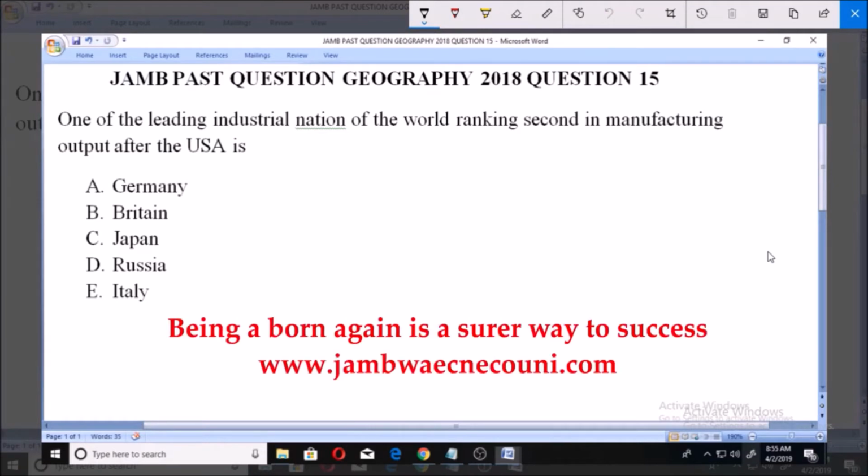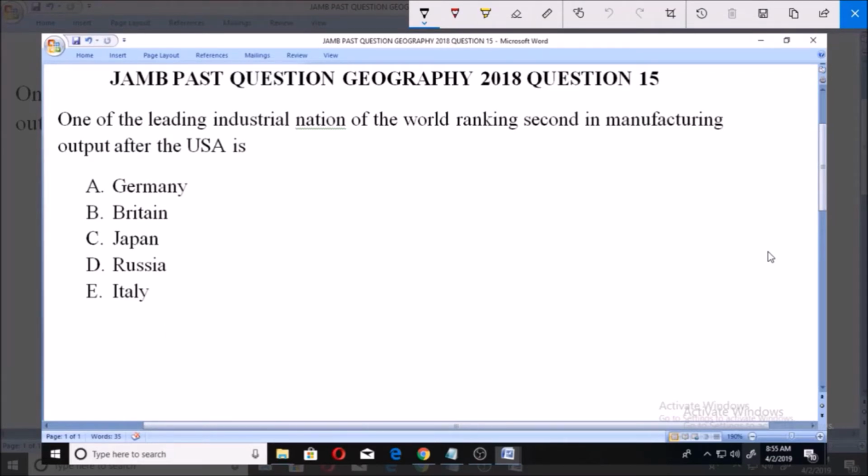Now, to put this in context, when you're talking about the big economies after the USA, we talk about countries like Germany, Japan, Russia, then Britain, and then the least in this list is Italy. But when you're being specific, you're talking about manufacturing.